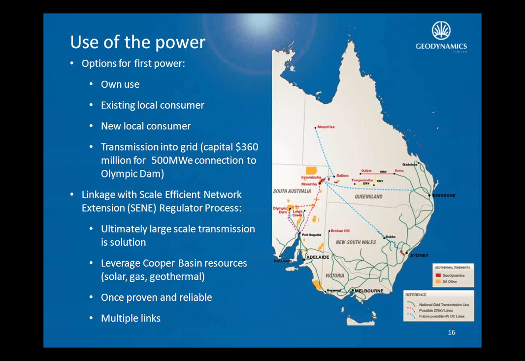Some of that we're linking in with the CENI process that the AEMC are driving, and we're certainly heavily involved in that. We see the ability to leverage significant resources in the Cooper Basin, not just geothermal but solar and gas. There are vast tracts of land out there that could quite easily be solar thermal fields.